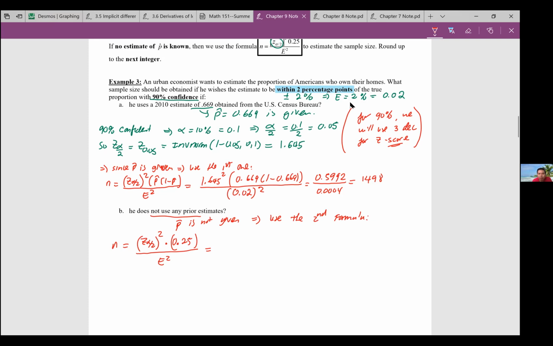So we put it in: 1.645 squared times 0.25 and then divide by 0.02 squared. Okay. So we get 1691.5.